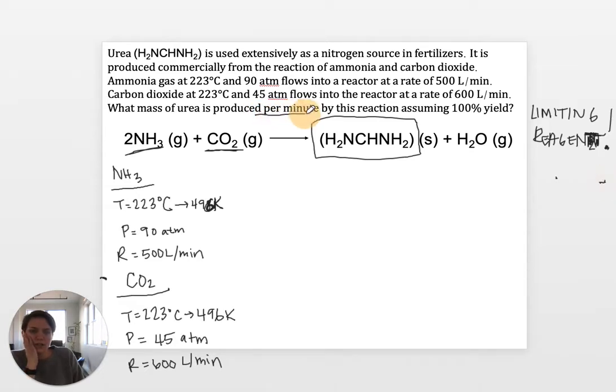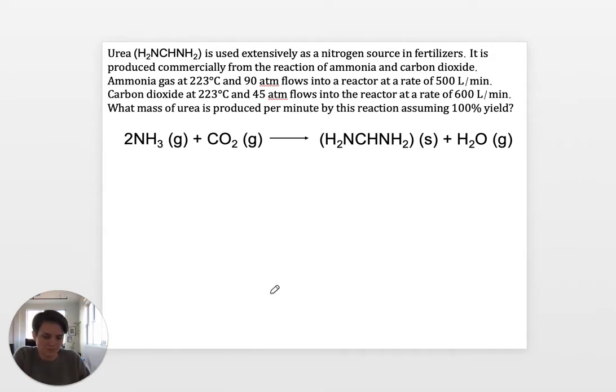Well, all of our rates are given as per minute, so we can actually just think of that as 500 liters, because that's how much is produced in a minute, and all of a sudden our rates just become volumes. So I'll just rewrite that so we have a little bit more room.